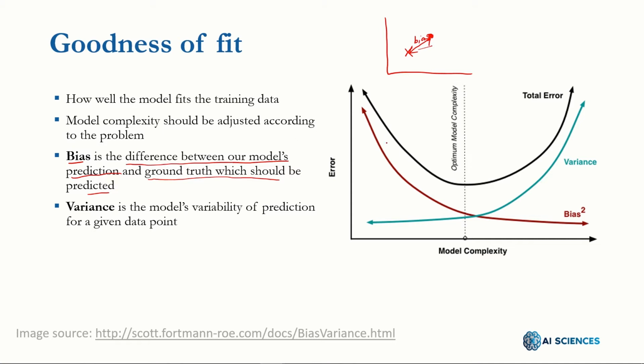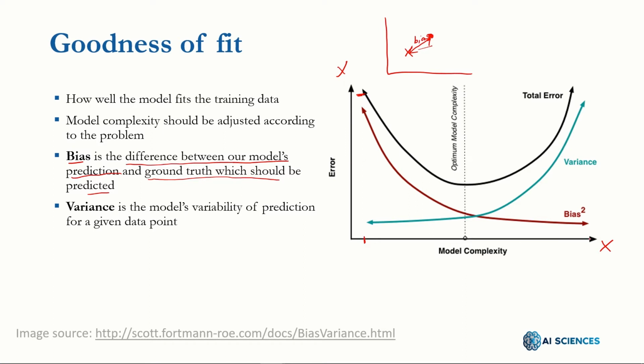From this figure, let's understand what goodness of fit is. This is error on the y-axis, and this is model complexity on the x-axis. If the model's complexity is very low, the model's capacity to learn is very low, and the error will be much higher here.